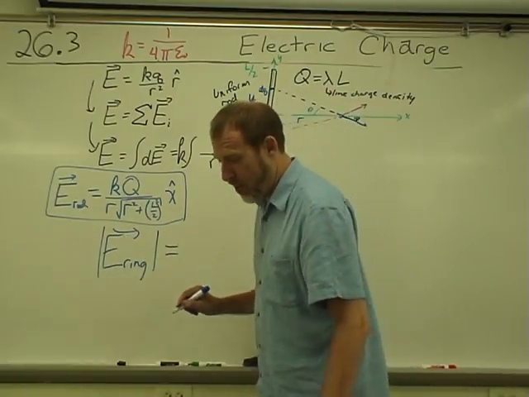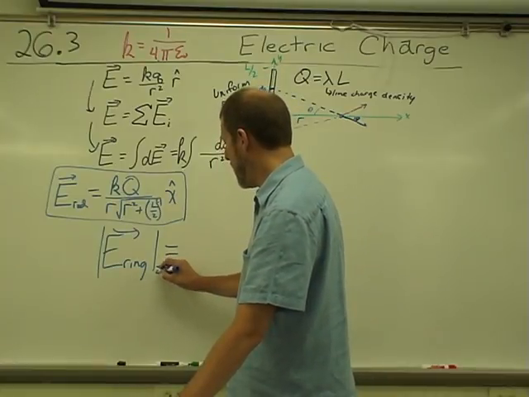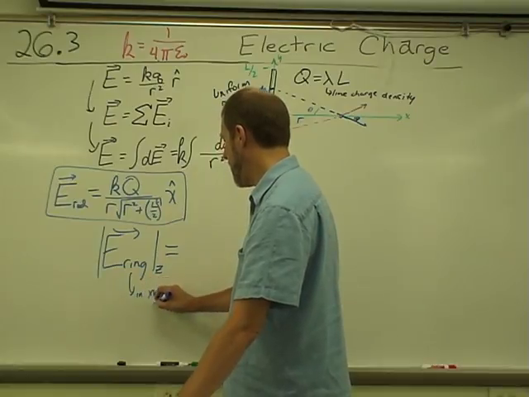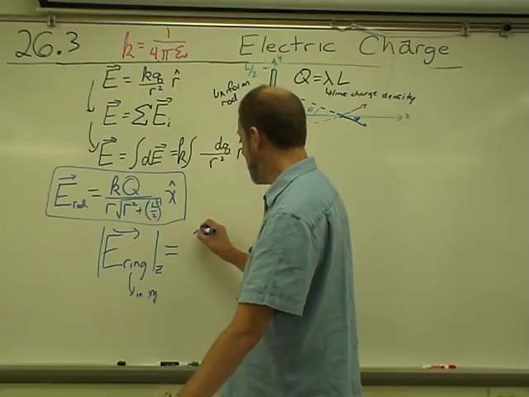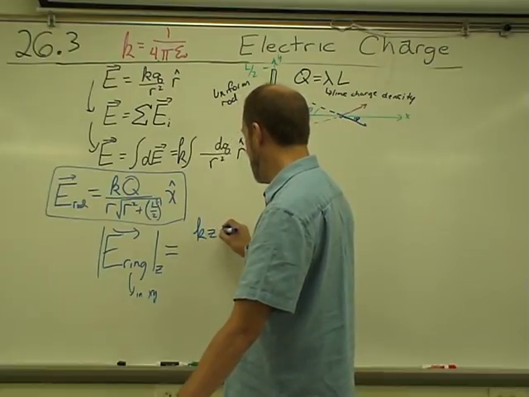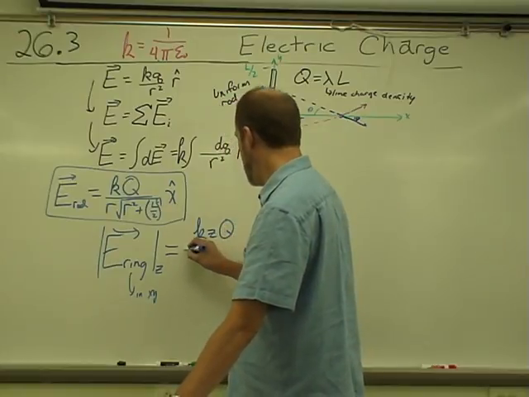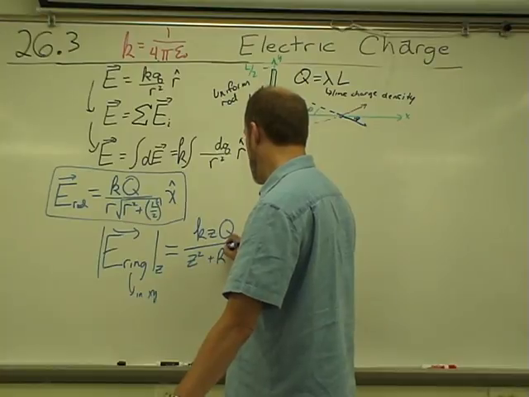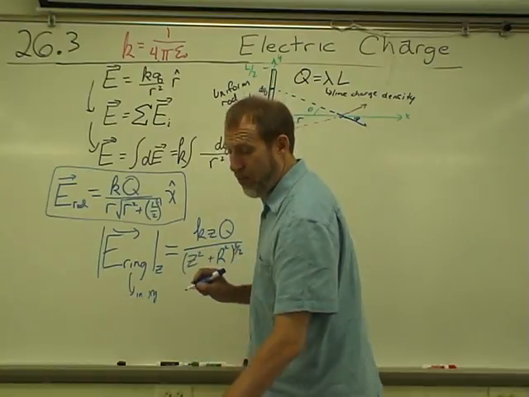If I've got a ring of charge, then the electric field of that ring on the z-axis, if the ring is in the xy plane centered on the z, gives us k z q over z squared plus r squared, the radius of the ring, to the 3/2 power.